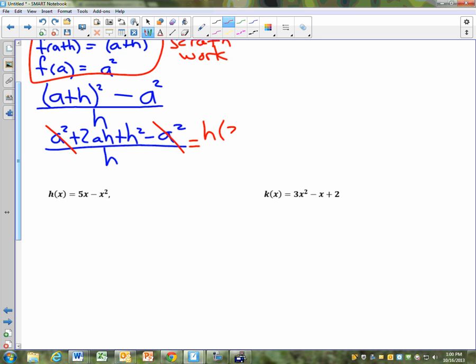H times 2A plus H all over H. I factored an H out of the top. Now what can I do? Cancel off my H's, and you're left with 2A plus H. And that thing that we came up with, this thing right here, eventually someday will allow you to find slope at just one spot. Which is really cool. And change the world forever.